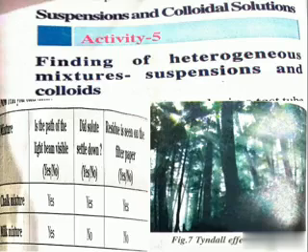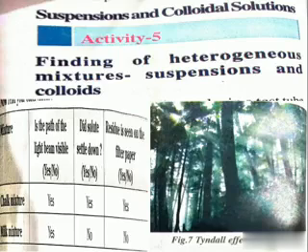Observe the table. In these four columns, the first column is the mixture, the second is whether the path of light is visible or not, the third is whether the solute settles down, and the fourth is whether residue is seen on the filter paper or not.